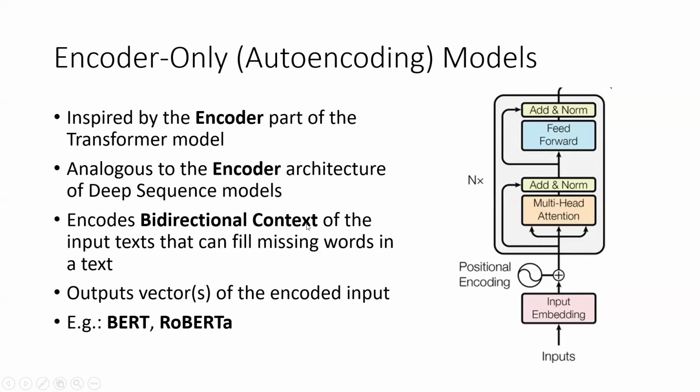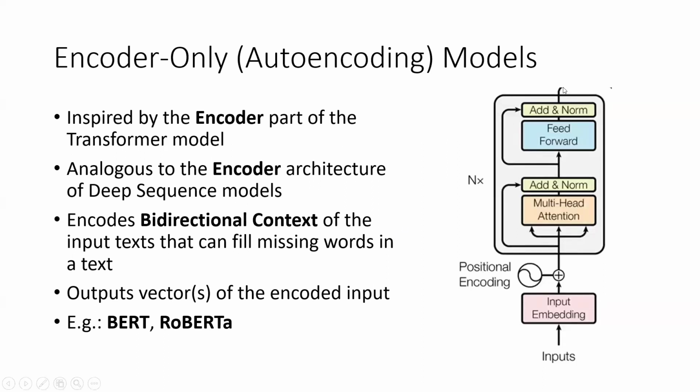When it comes to bidirectional context, what you can remember is the bidirectional RNN, right? So actually it is kind of similar. Bidirectional context means it gets the understanding or the semantics of the sequence in both directions when generating this output vector, or vectors actually.